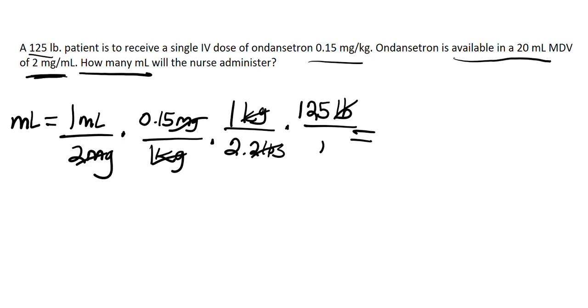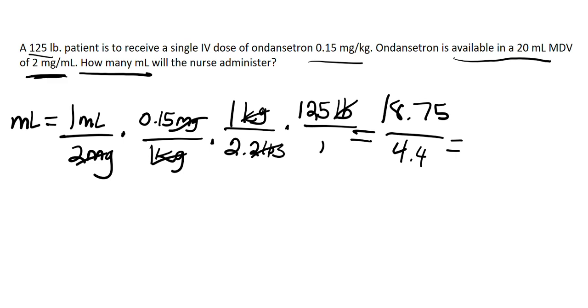0.15 times 125 is 18.75, and then 2 times 2.2 is 4.4.